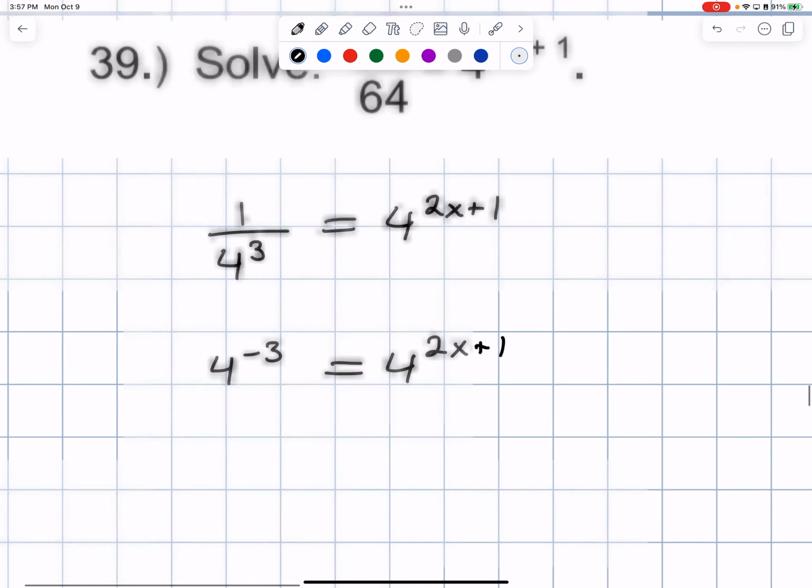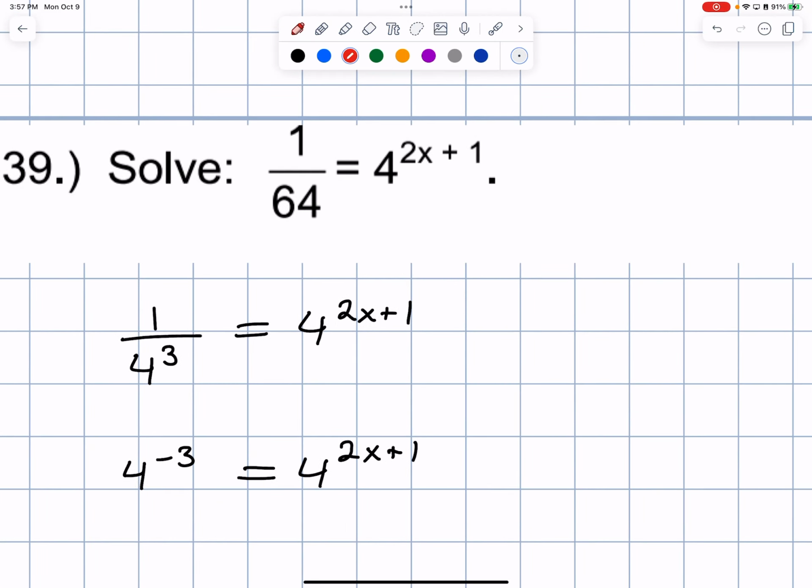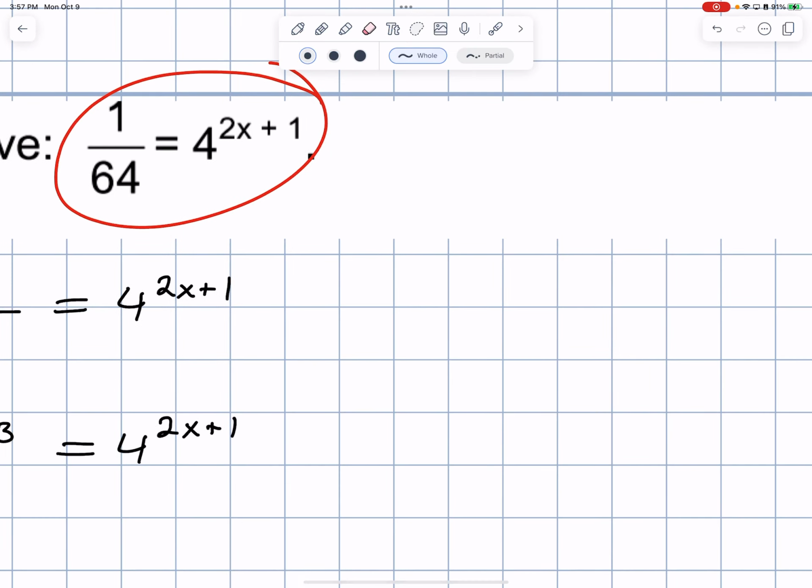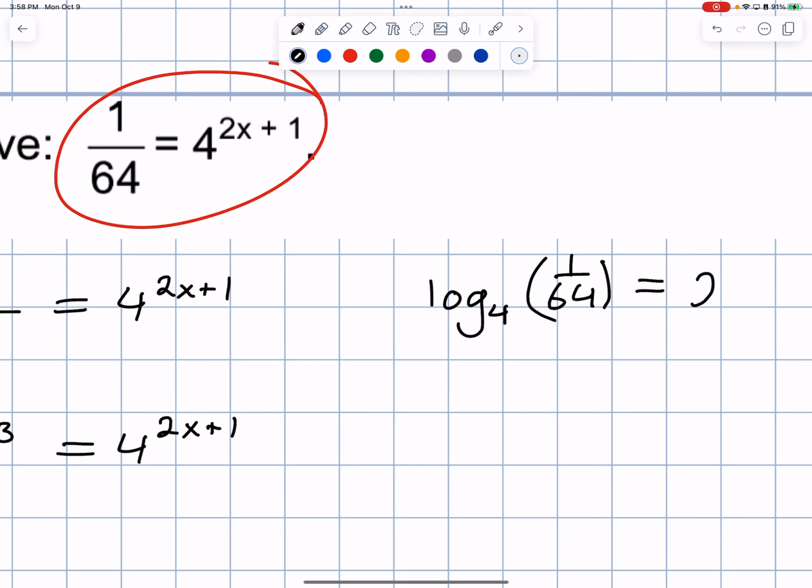For the record, this is an exponential form, right? So this is route 2, a different option. You could also do this. You could say, well, the log base 4 of 1 over 64 is equal to 2x plus 1. That is totally fine. Do you see how we could get from the circled red to that? It's just the rearranging again. That would be totally fine.